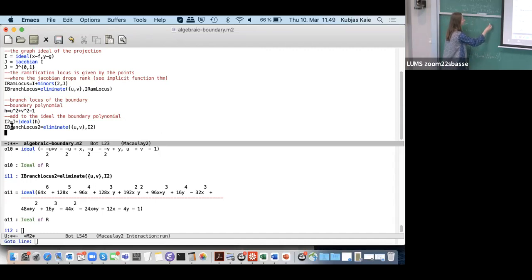Basically the points over here have 2 preimages. The points over here have 1 preimage, and the branching locus is where it changes.